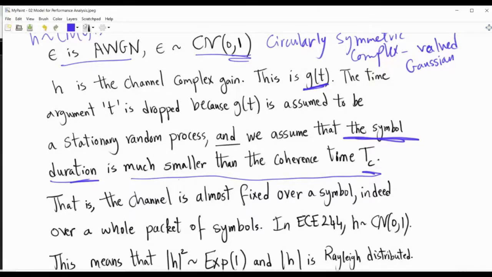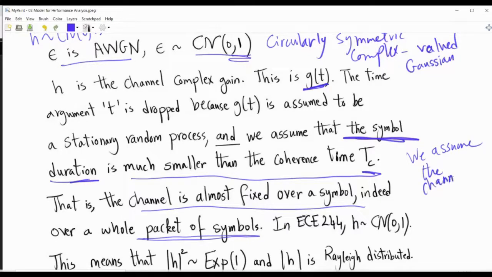So when I say that the symbol duration is much smaller than the coherence time of the channel, this means that the channel is almost fixed over a symbol. In fact, for a communication system to work, we typically want the channel to be fixed over a bunch of symbols, over a bucket of symbols. Again, this is very important. The channel is varying over time, continuously changing over time.